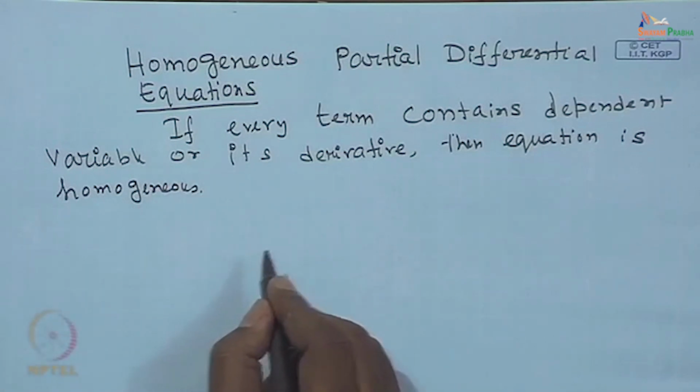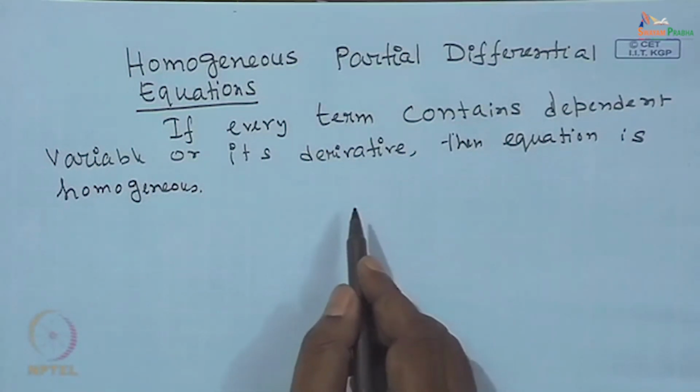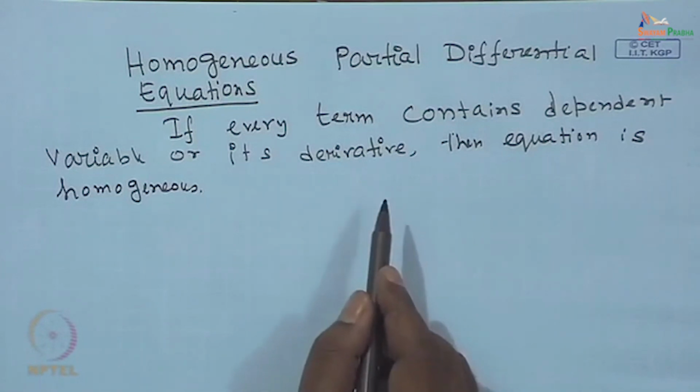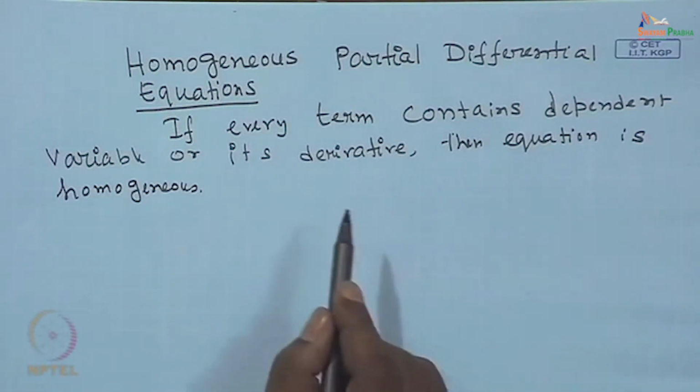That means every term of the equation must be containing the dependent variable or its derivative.